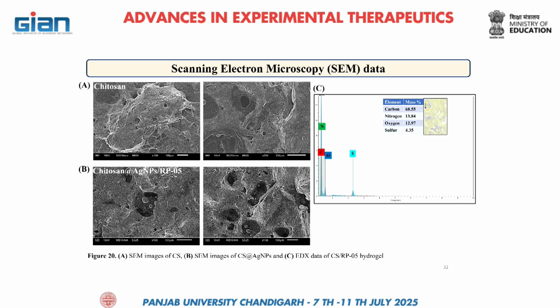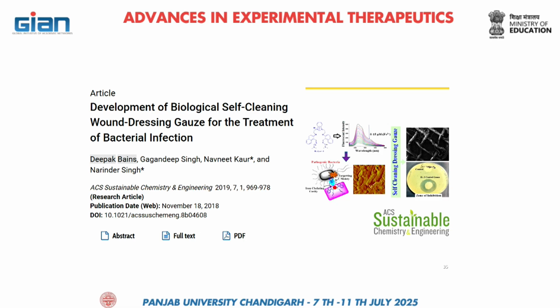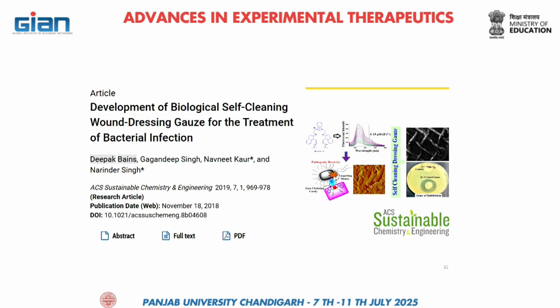And after some characterization, we have seen that they are also having very good antibacterial activity. Somehow I don't have the data at the moment, we did it recently. So you can make the hydrogel from the supramolecular assembly of the pure molecule, and if you are facing some problem, you can utilize chitosan type of molecule that also gives you a very good activity.